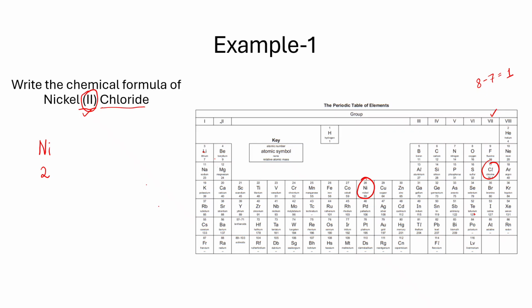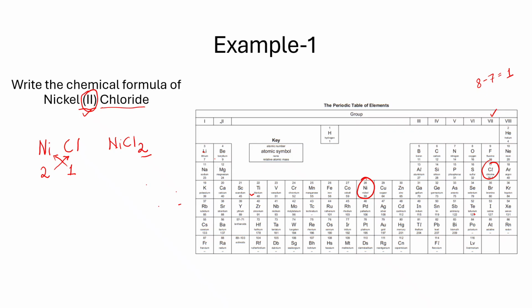So we write the symbol of chlorine, which is Cl, and we write the valency, which is 1, and then we cross multiply these two, just as before. So the valency, when cross multiplied, results in the chemical formula NiCl2. Remember that this 2 is a subscript.